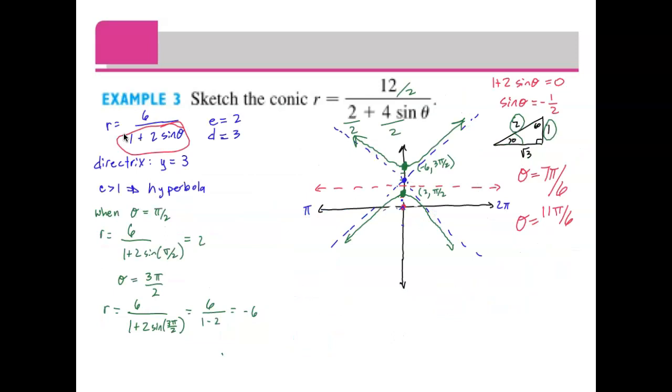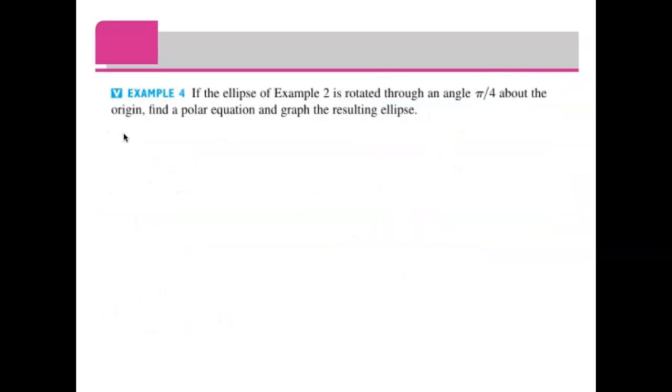But it's much easier in polar form to rotate a conic than it is in Cartesian form. In Cartesian form, we can easily shift graphs, right? And that's just by adding or subtracting to x or y. In polar form, it's much easier to rotate conics.